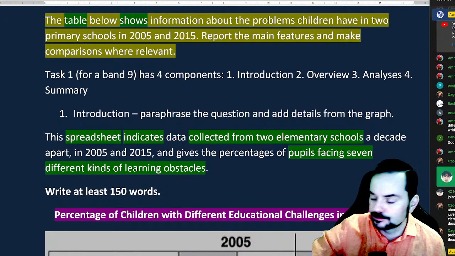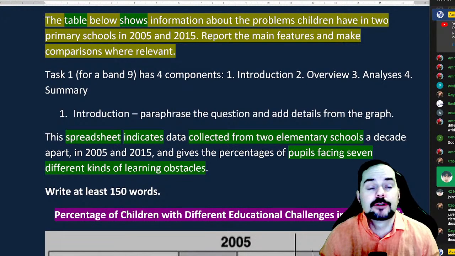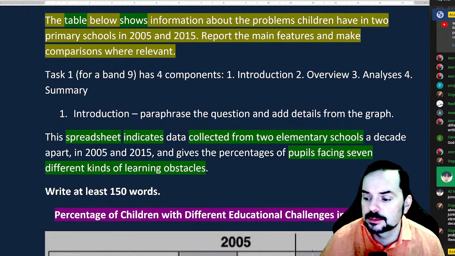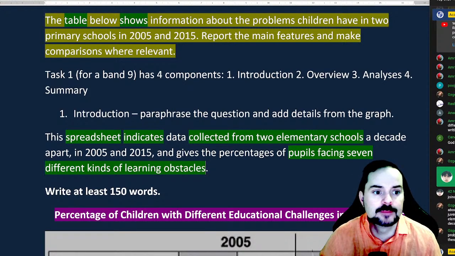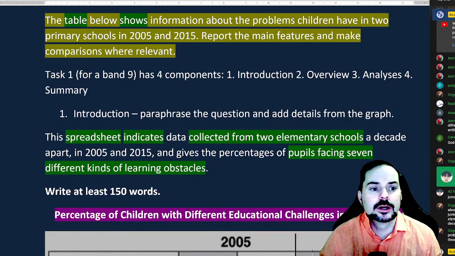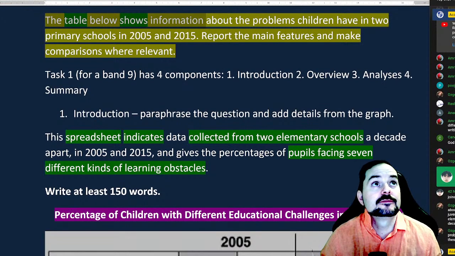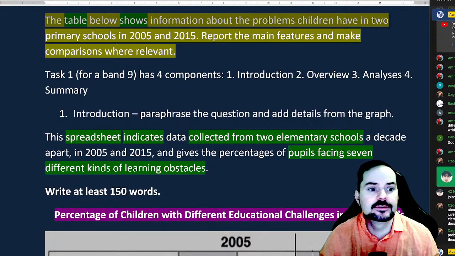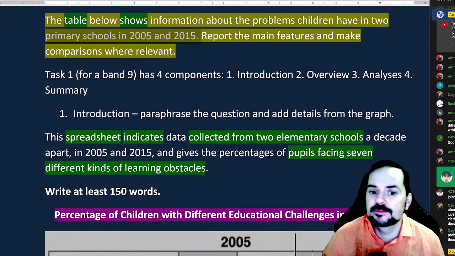Okay, so that is my introduction so far. So let me read my introduction, and then I'll take a look at some of the introductions that our members have written there as well. So here's the original. Again, the table below shows information about the problems children have in 2 primary schools in 2005 and 2015.